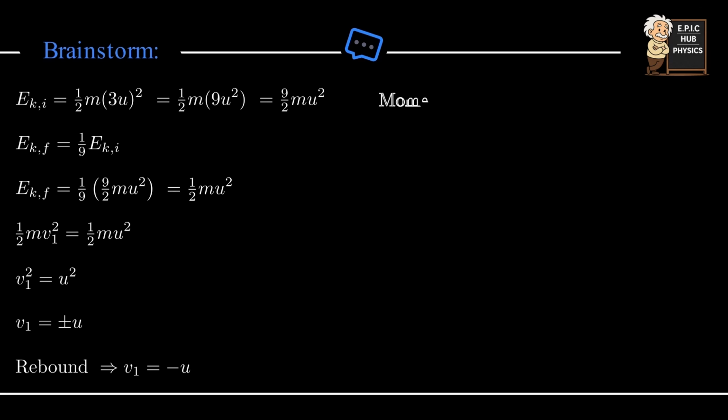Next, we apply conservation of momentum. The total momentum before the collision must equal the total momentum after the collision. Before the collision, the object of mass m moves with speed 3u, while the object of mass 2m is at rest. So the total initial momentum is m multiplied by 3u plus 2m multiplied by 0.